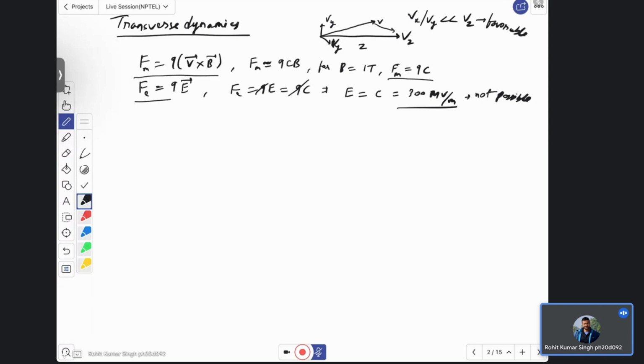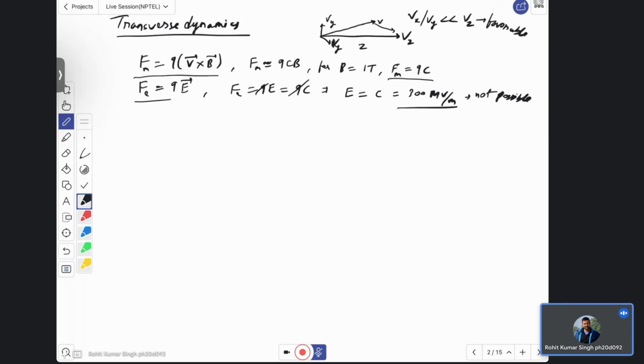The most common magnetic objects that we use to focus the beam are the magnetic quadrupole and also the solenoid.